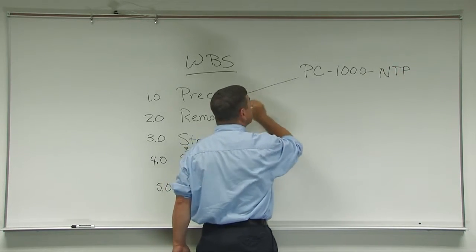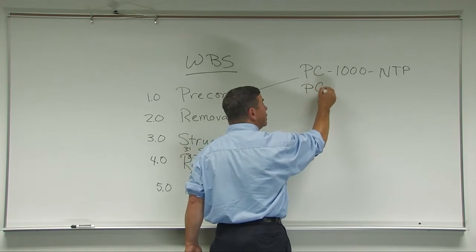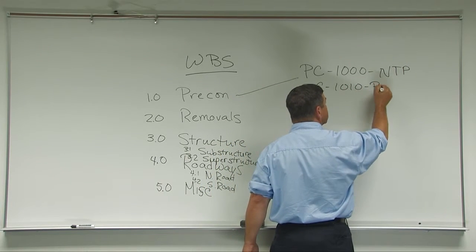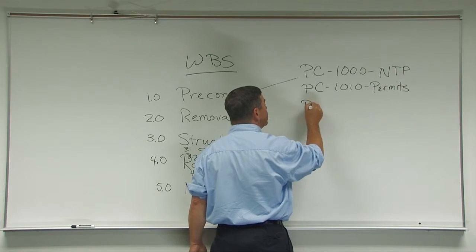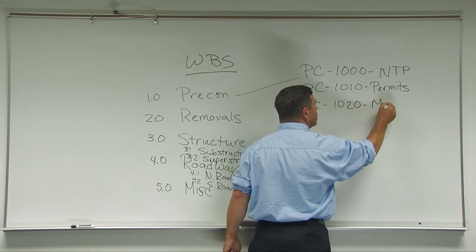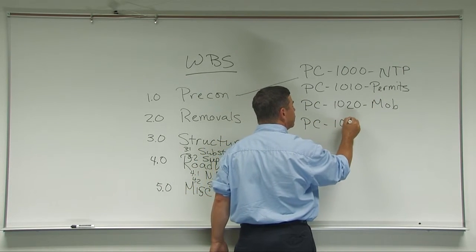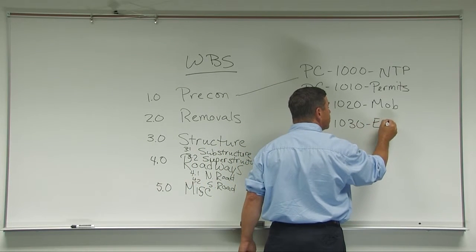The next task underneath our pre-con WBS code is PC-1010, and that will be permits. And then PC-1020 is mobilization. And PC-1030 will be erosion.